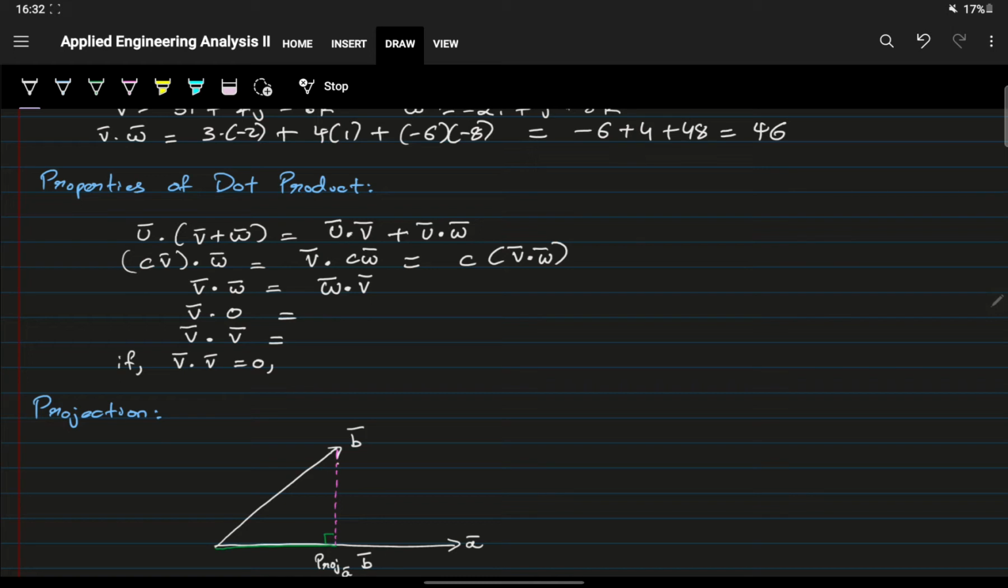A dot product with the zero vector is 0, and taking a dot product with the same vector will yield the magnitude squared, and if that dot product is 0, then the vector is a zero vector.